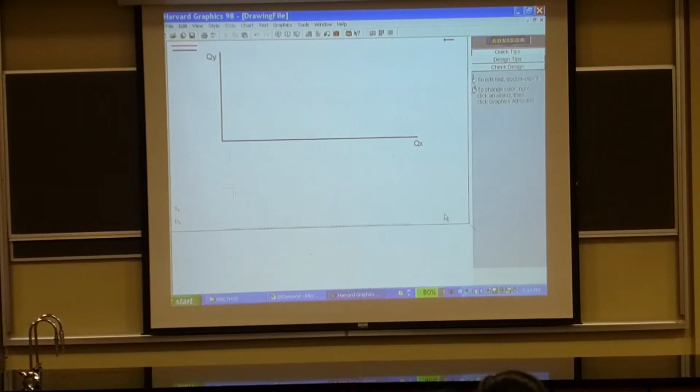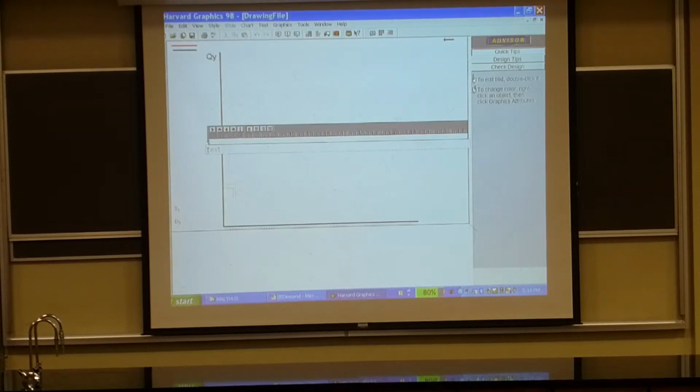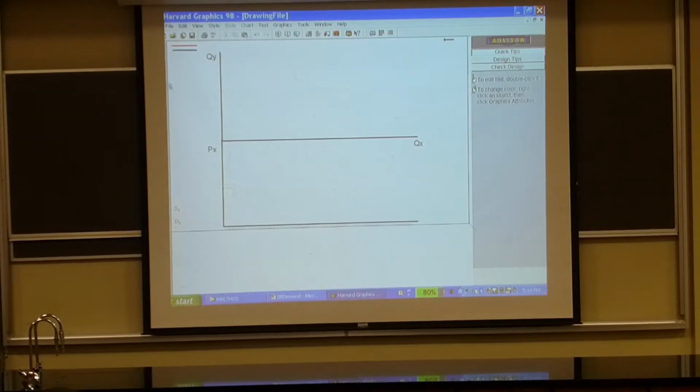And then down here, I want a second diagram, like this, right here. This diagram represents the price of x, notice, not the quantity of y, the price of x, and the quantity of x over here.